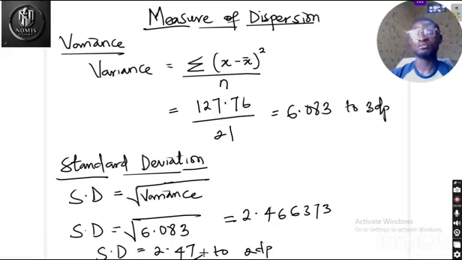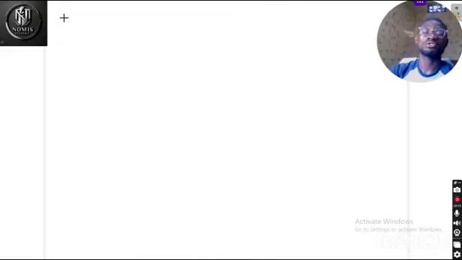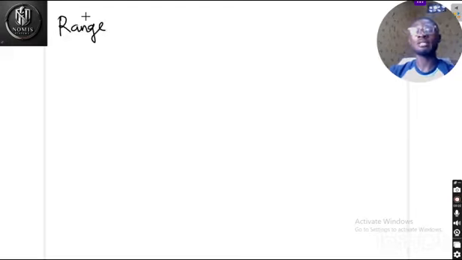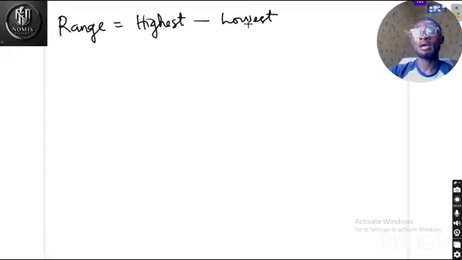Another measure of dispersion I want to talk about is range. Yes, range is also a measure of dispersion. How far does the data differ from each other? So range is simply the highest value minus the lowest value.